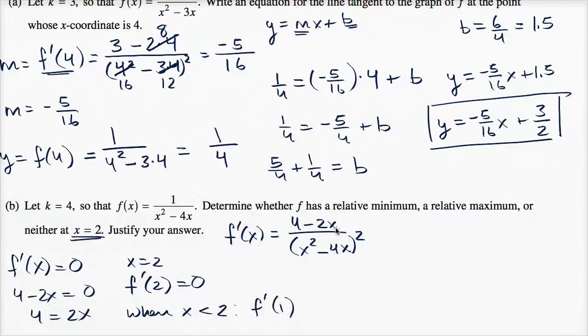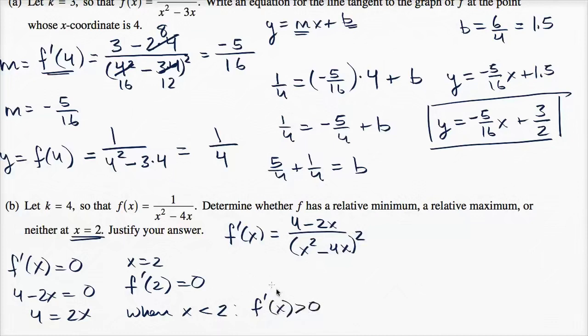You could if you want. You would have 4 minus 2 times 1, so that's going to be positive. And the denominator is always going to be non-negative because you have a square. So when x is less than 2, f prime of x is greater than 0.